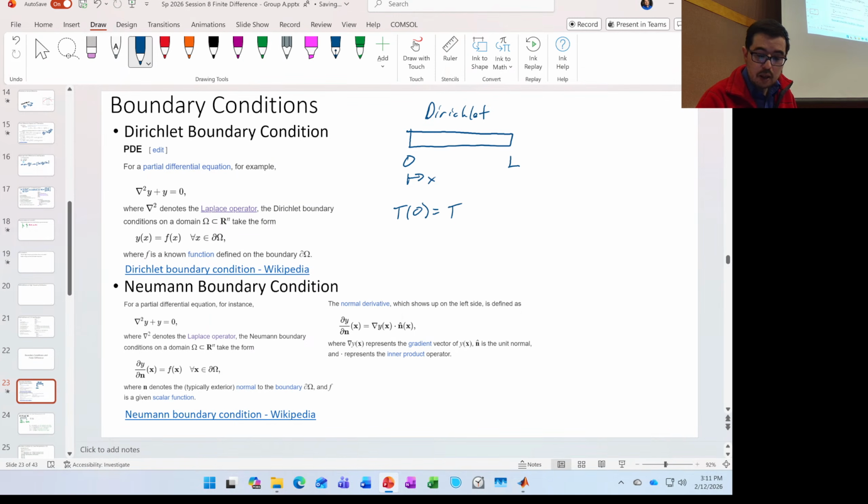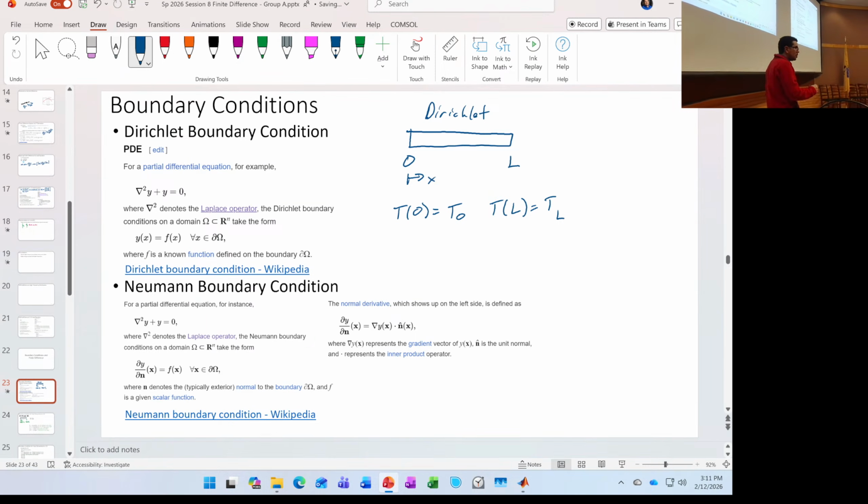All right, you can prescribe boundary conditions at those sides. This is the nicest boundary condition, in my opinion.